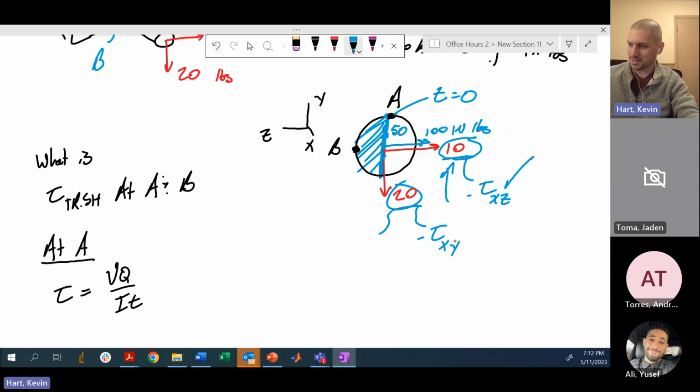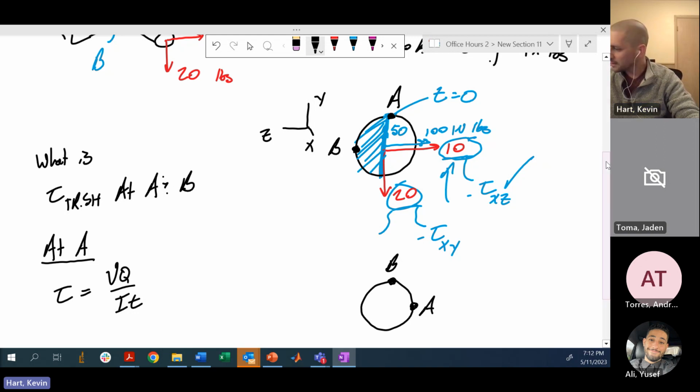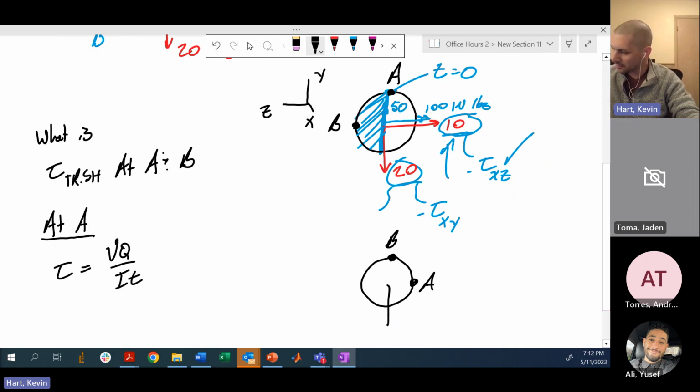So if you thought about rotating this 90 degrees, we looked at this in class the other day. Rotate this 90 degrees, put A on the right and B at the top. In this case, it would be the 10 pounds down, the 20 pounds to the right, and you're analyzing a similar situation. You just rotated it on its head.